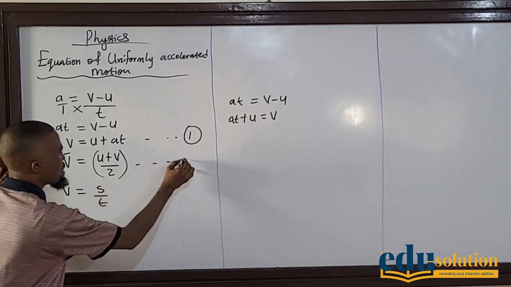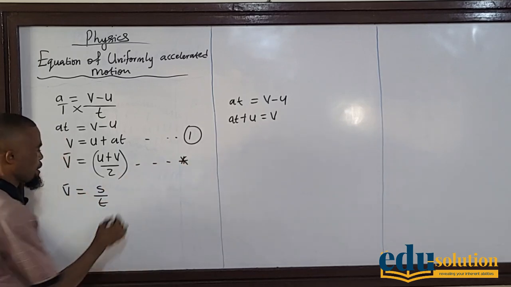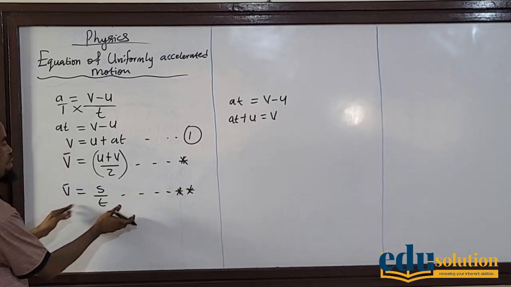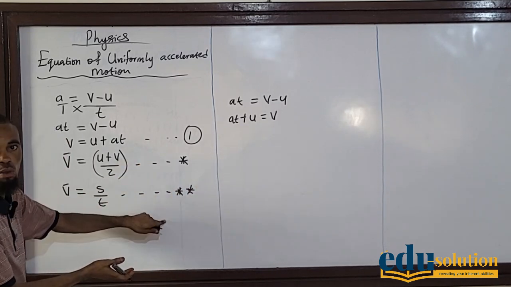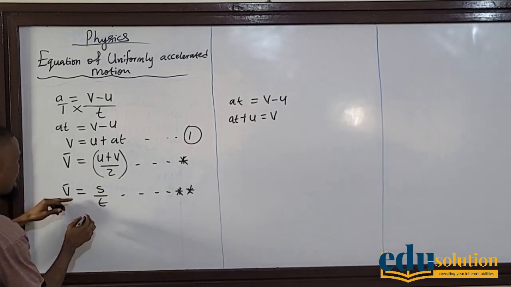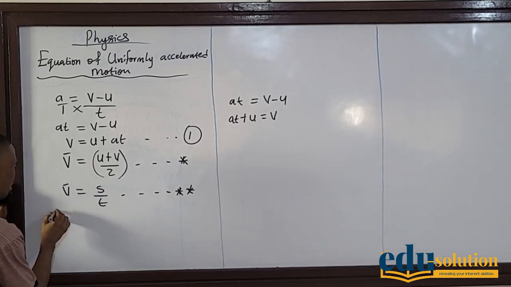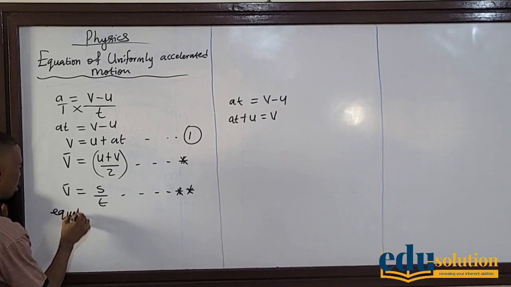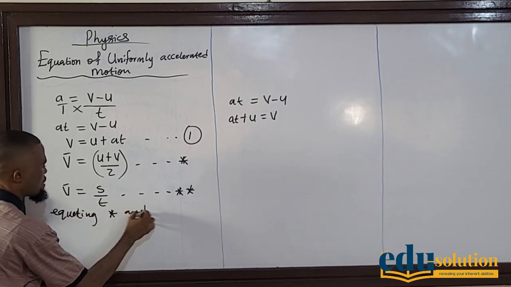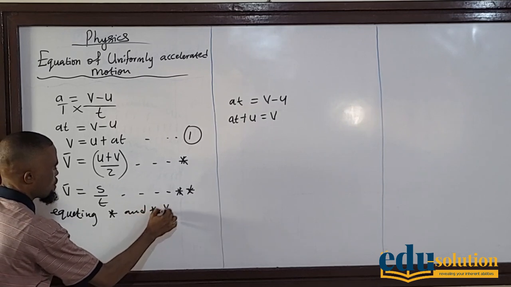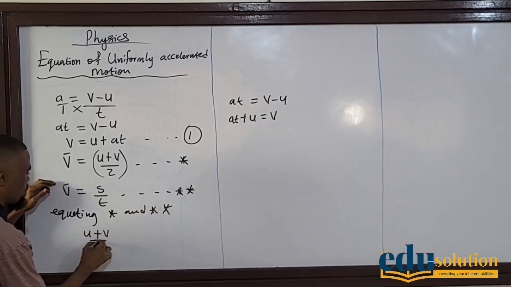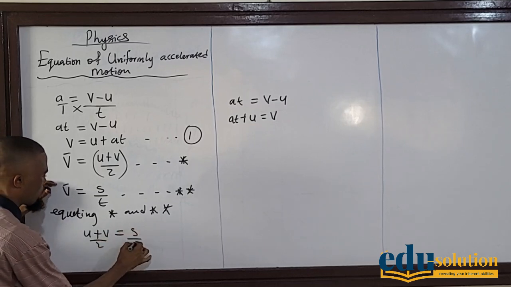Let me call this equation star, and then I'll call this equation star star. If I equate this one and this one together, we are going to get a different equation entirely. So equating star and star star, we are having that (u + v)/2 is equal to s/t.